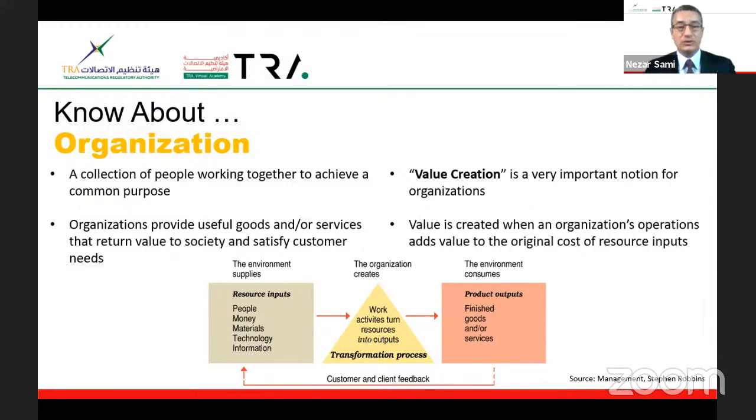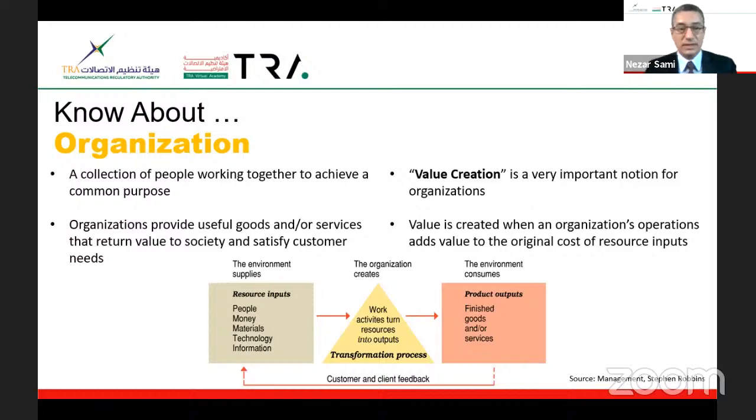All these resources go into the transformation, interacting together efficiently and effectively. Remember these two words, because when we talk about operations, we are addressing efficiency and effectiveness. Efficiency means best utilization of resources: how we utilize these resources with no leakage, no waste, in order to maximize the results.